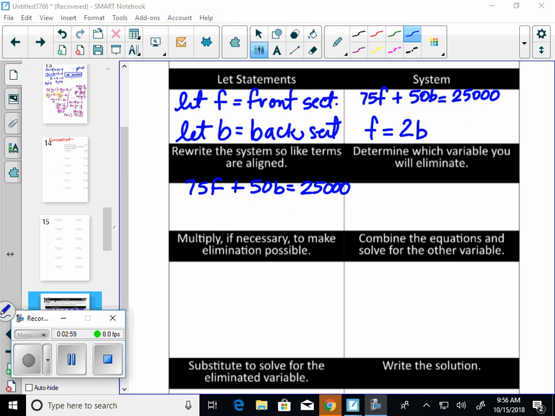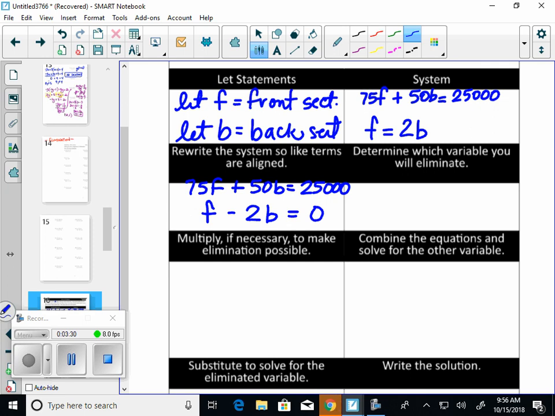So I need to rearrange it to where I've got my F and my B on one side. So I'm going to move my 2B over. So I'm going to have F minus 2B, and that's going to be set equal to 0, because once I move that 2B over, that leaves nothing on the right side of that equation. So I hold it with a 0.